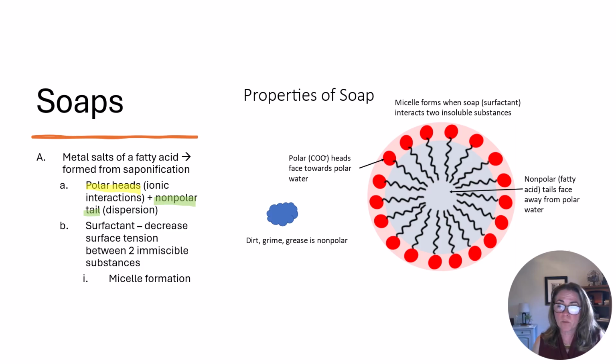You have your polar heads on the outside of that micelle because they are hydrophilic. They really love water. And so they're going to orient themselves so that they're surrounding and facing the water. Now the nonpolar tails are going to be on the inside of the micelle because they're hydrophobic. They're afraid of the water, right?